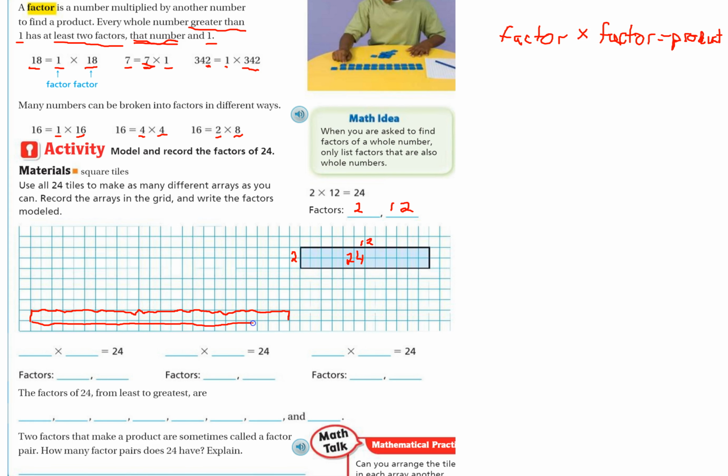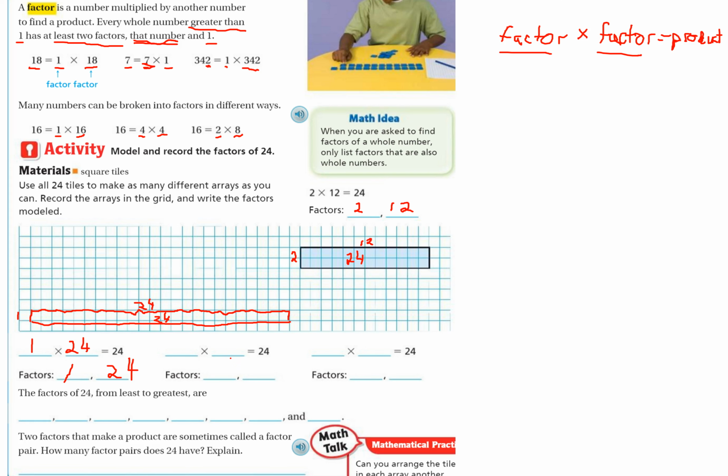I apologize, I'm using my mouse here. But now we have a 1 by 24 array, and the total inside would be 24. So 1 times 24 equals 24. And the factors are 1 and 24, right? Because it's factor times factor. So those two numbers we multiply are the factors.